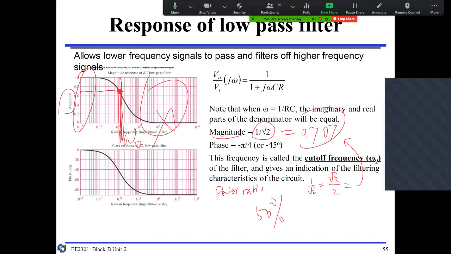Okay, well, let's stop here. And remember where we draw the line. The line is when the power drops 50%. Power drops 50%, then the signal will drop by the square root of that, because power is proportional to signal squared.